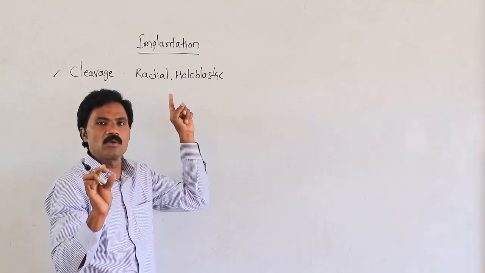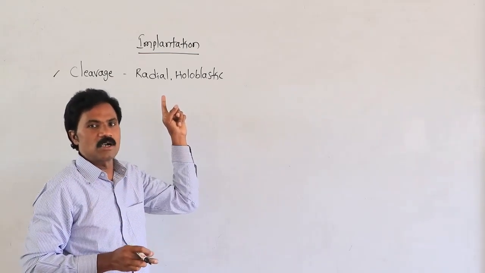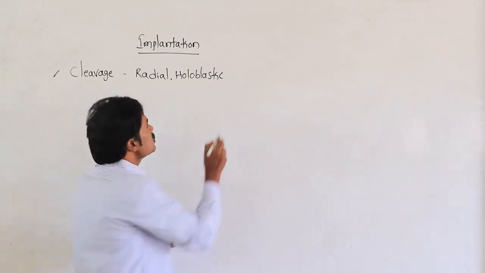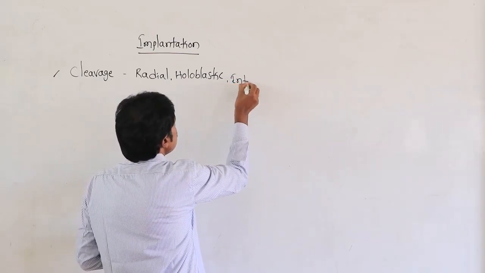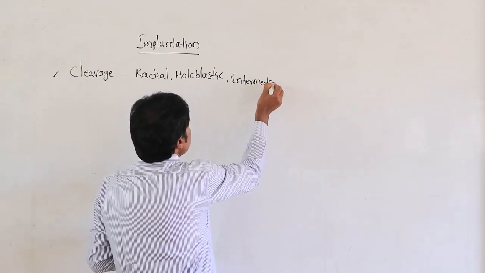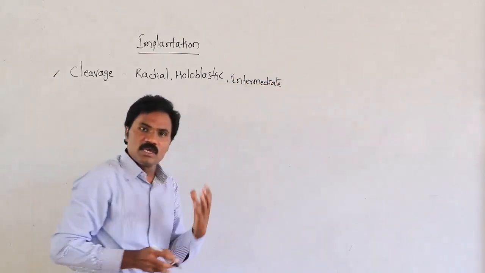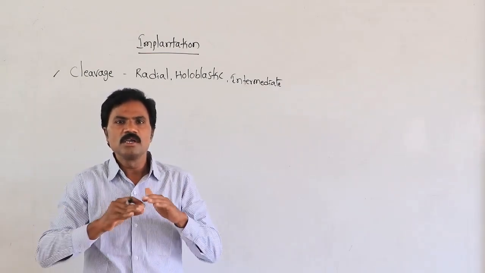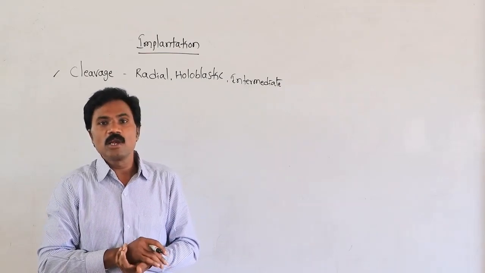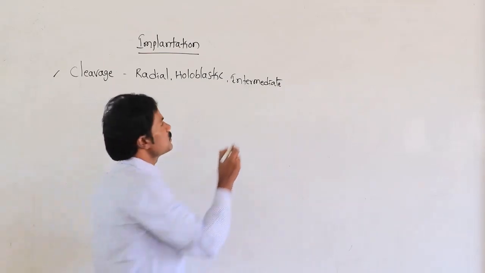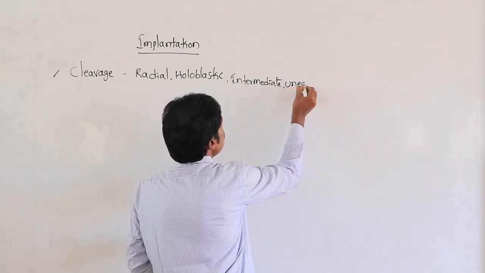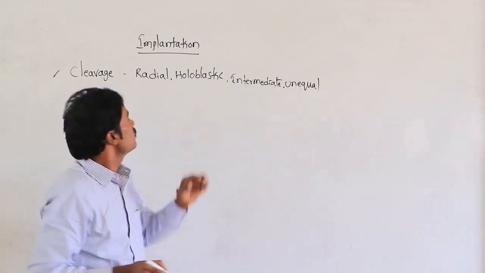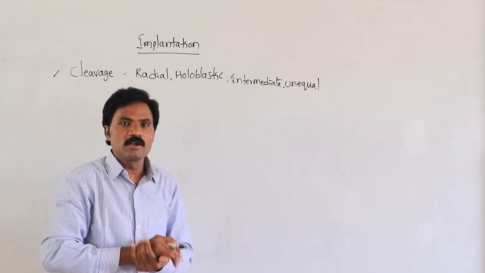Radial, holoblastic, and intermediate: these cells are not maximum, not minimum, so it is intermediate as well as unequal cell division. This is the process which takes place in cleavage.